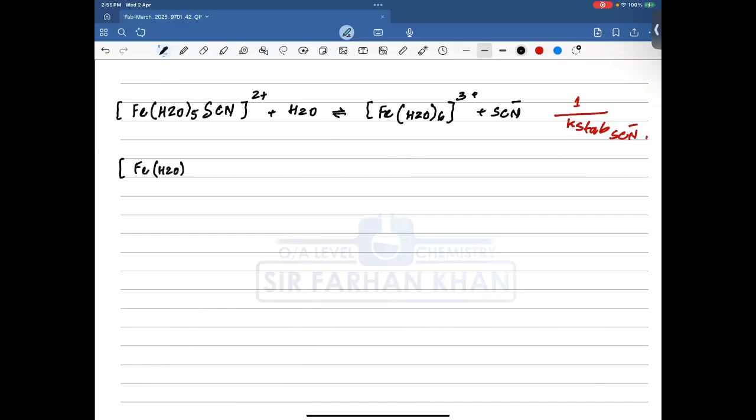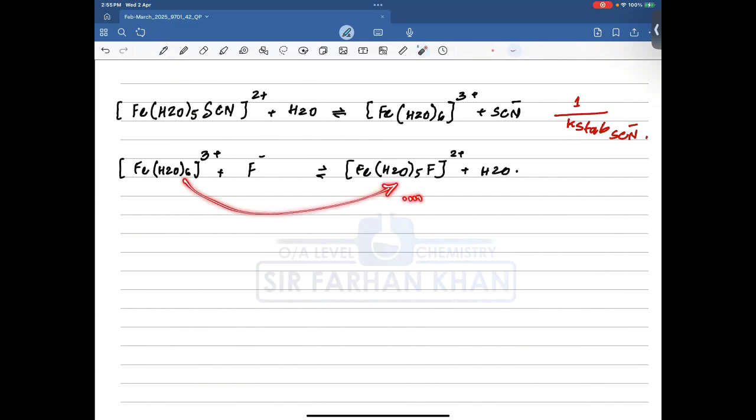Fe(H2O)6 3+ plus fluoridine, reversible sign, Fe(H2O)5F 2+ plus water molecule. And since this is a forward reaction, its stability constant value will remain as it is. K step for fluoridine will remain as it is, which we need to find out.